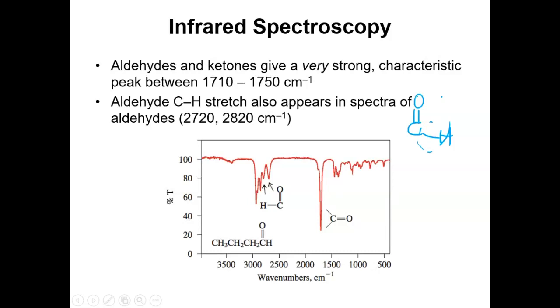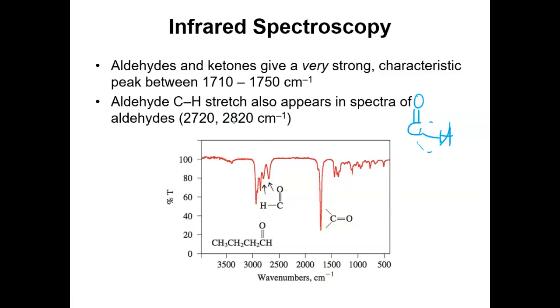So this bond is unique for aldehyde. And this bond, very luckily, has a very signature absorption peak, and typically you won't see it in any other compound. It will give you a pair of peaks, one around 2700, the other around 2800.